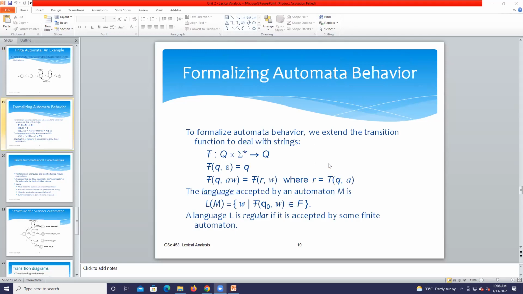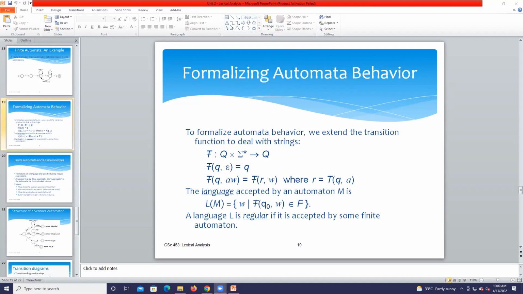Let us see the formalized automata behavior. For that, we should know how to convert NFA into DFA. You have already studied the theory of computation subject, in which the conversion process is covered, that is, how you convert NFA with epsilon transitions to DFA.